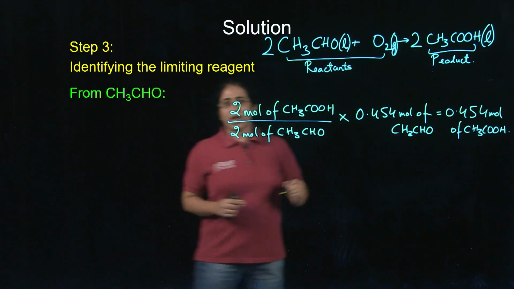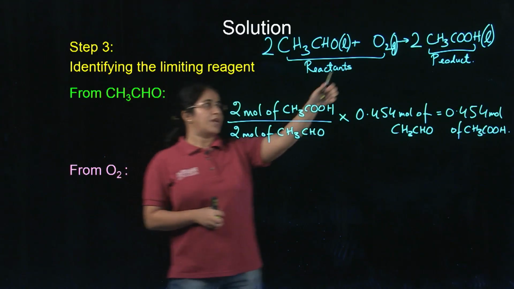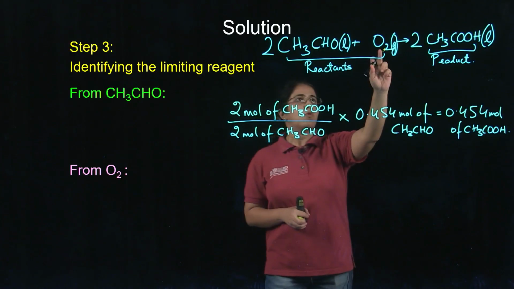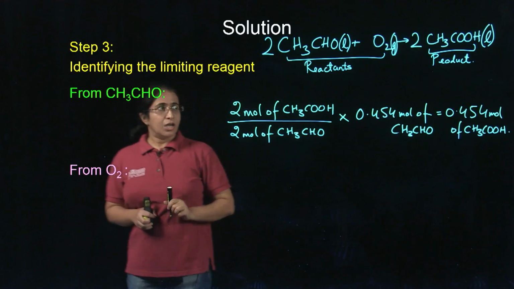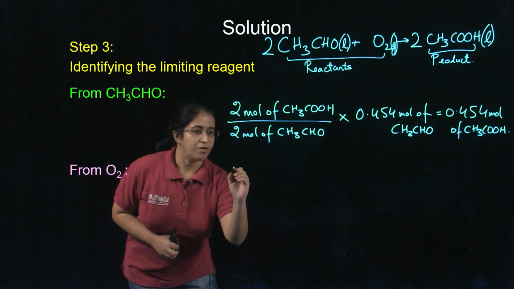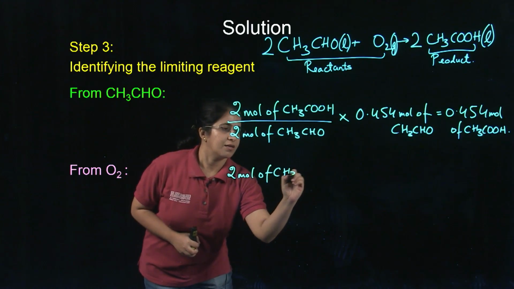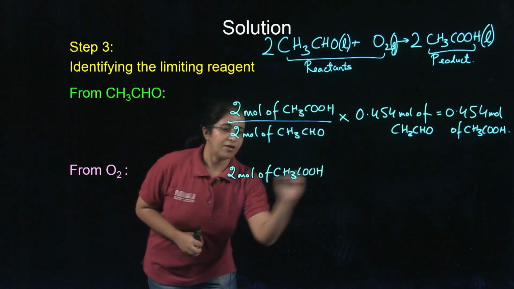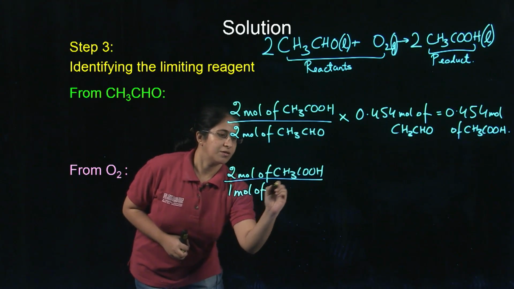Okay? So now let's do the same steps for oxygen. Now if you look at the reaction stoichiometry, 1 mole of oxygen gives 2 moles of acetic acid. So again, let's write this down in the form of a ratio. So you have 2 moles of acetic acid that you get from 1 mole of oxygen.